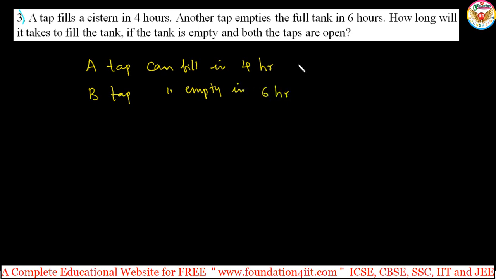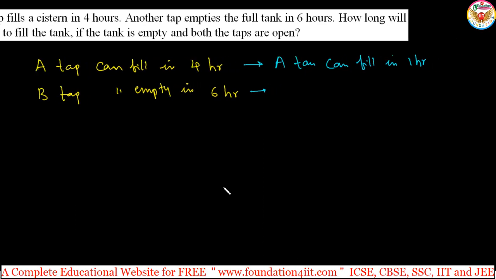So based on these two statements, in 1 hour, A tap can fill only 1 by 4th, because A tap can fill the total in 4 hours, right? Same way, B tap can empty in 1 hour 1 by 6.